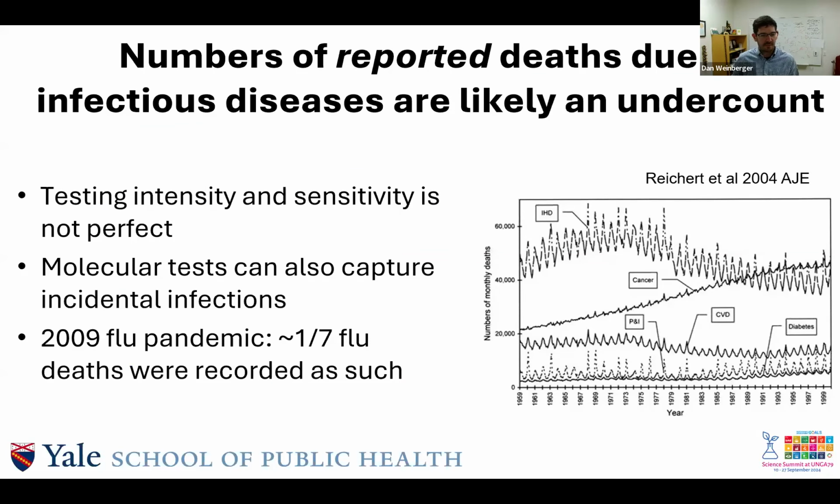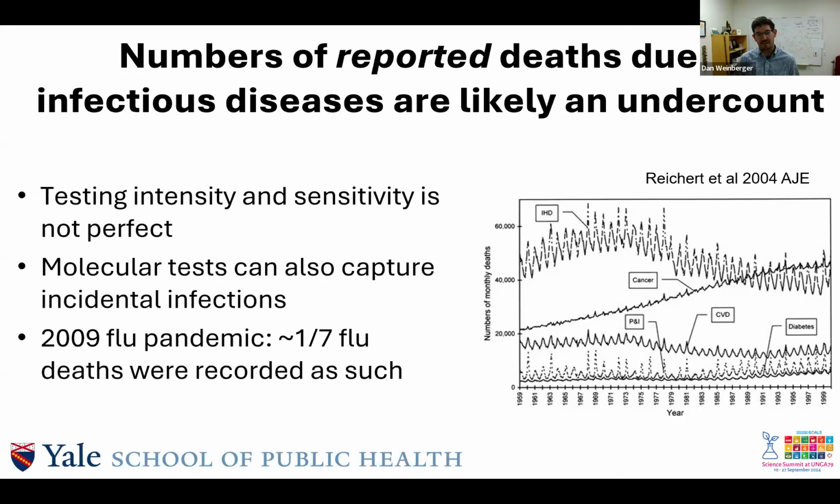This is an issue that's been recognized with infectious diseases for a long time. Typically for infectious causes, what gets reported as being caused by influenza or COVID or RSV or whatever it is represents an undercount. An important reason for that is that our testing is incomplete and imperfect.